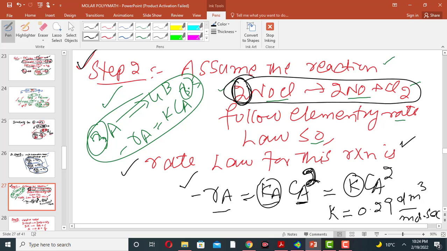We can also ignore the A and write it as K into Ca to the power 2, and the rate constant value is given to us: 0.29 dm cube divided by mole into second. We have already discussed this.